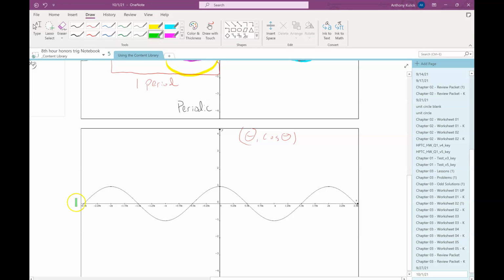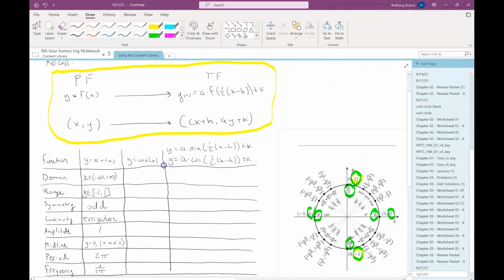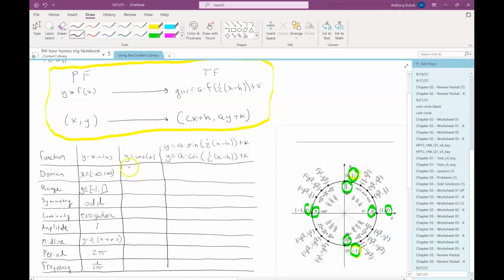So just like the graph for sine, oh, wait, we didn't do any of the other stuff before that. Jeepers creepers. The domain. Got to be all real numbers, right? Again, every angle has an x value where it intersects the unit circle.